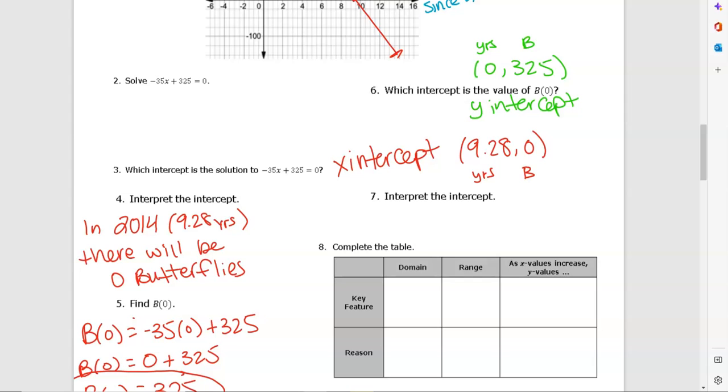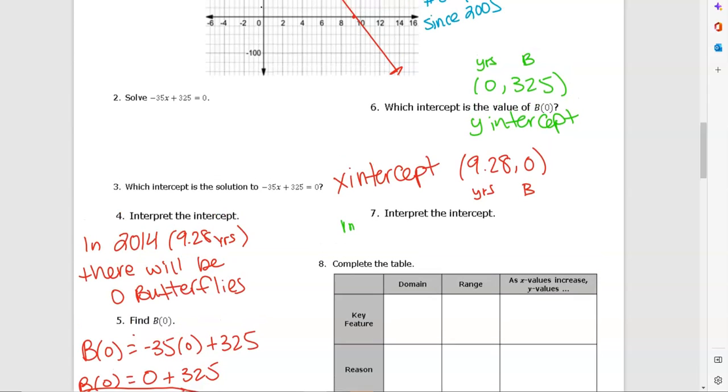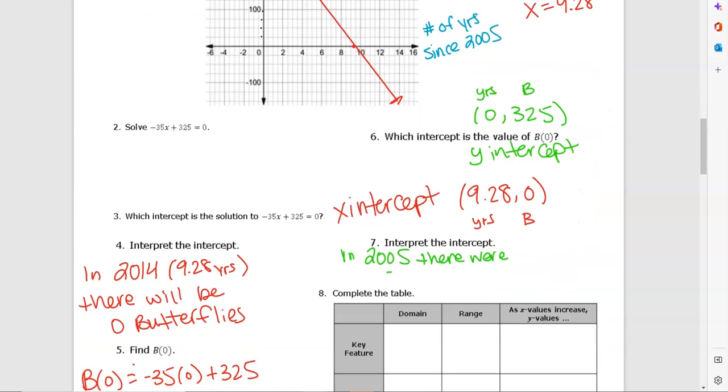When was that specifically? There you go, in 2005. So at the beginning of the study in 2005, is it just 325 butterflies? There you go, 325,000 butterflies.